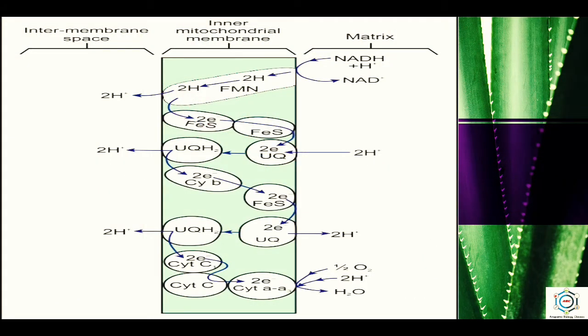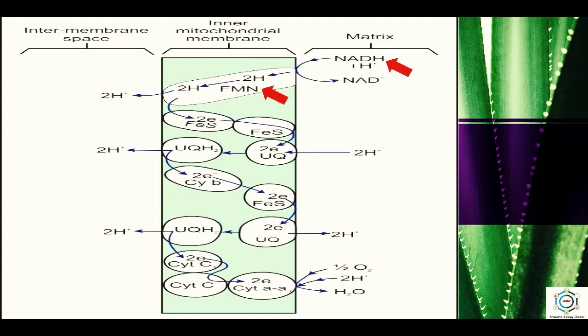So see here, this is the schematic representation of mitochondrial electron transport and oxidative phosphorylation. The first step involves the transfer of hydrogen from NADH plus H plus, which is formed in the matrix by the Krebs cycle, to a metalloflavoprotein FMN, that is flavin mononucleotide.